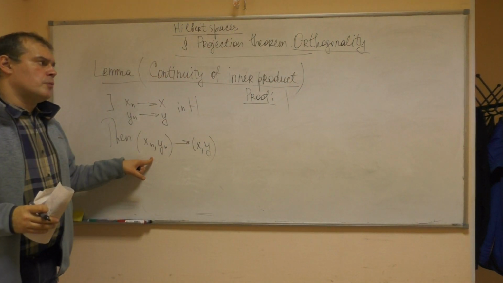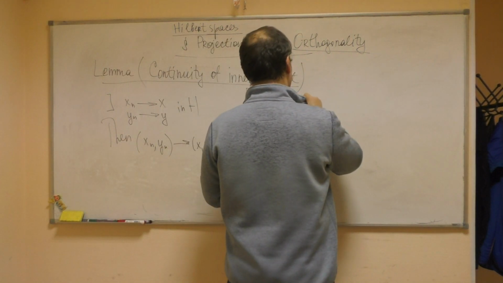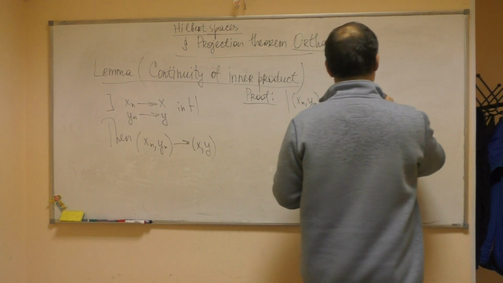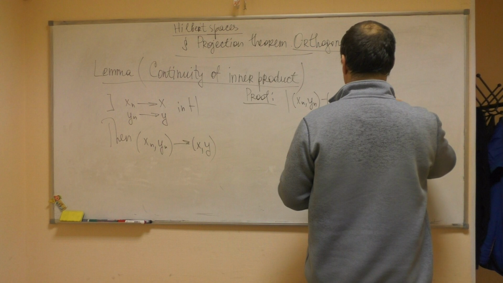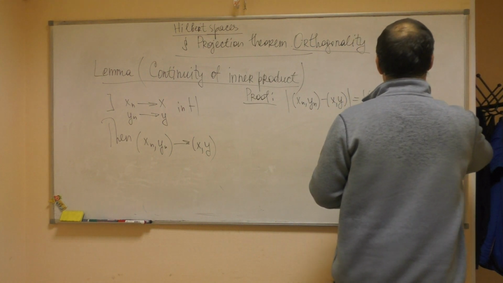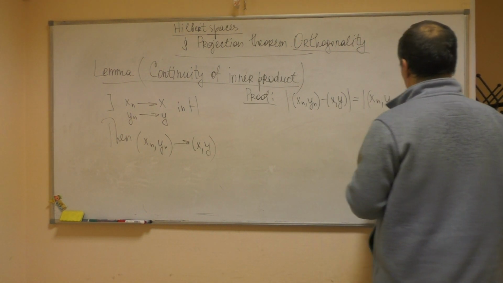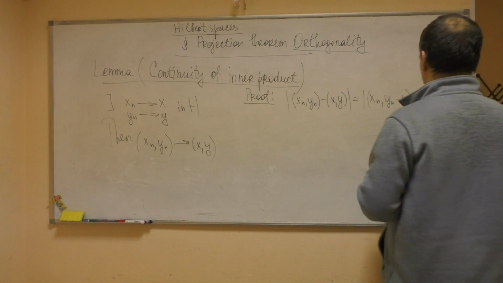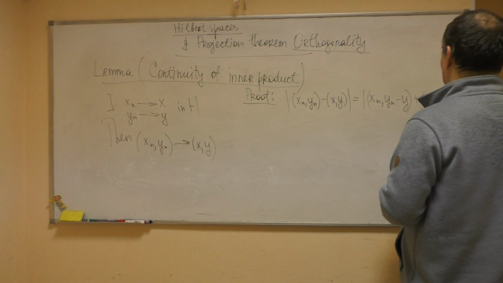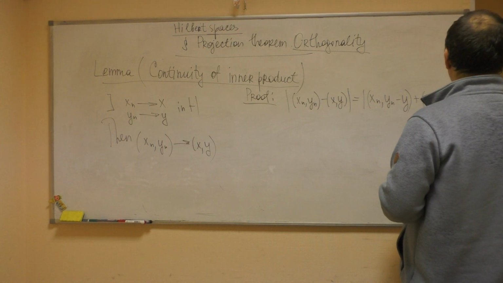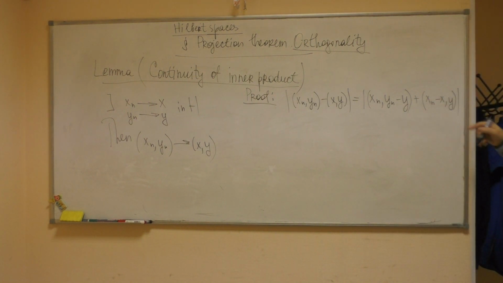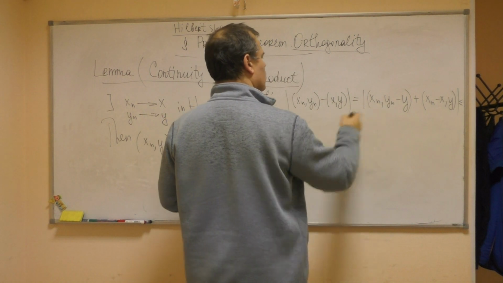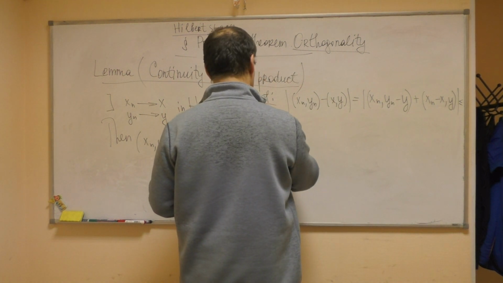Let's consider the absolute value of the difference. If we subtract the inner product of x_n and y, and then add it, we can obtain these two terms, and we can evaluate it as a sum of two summands.